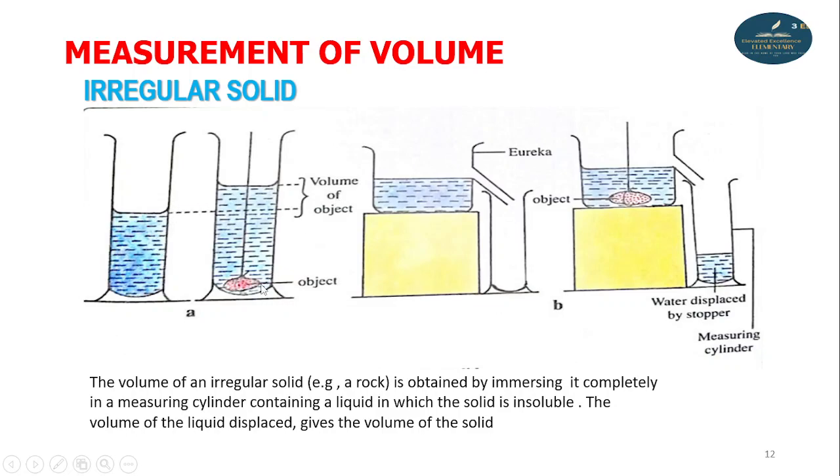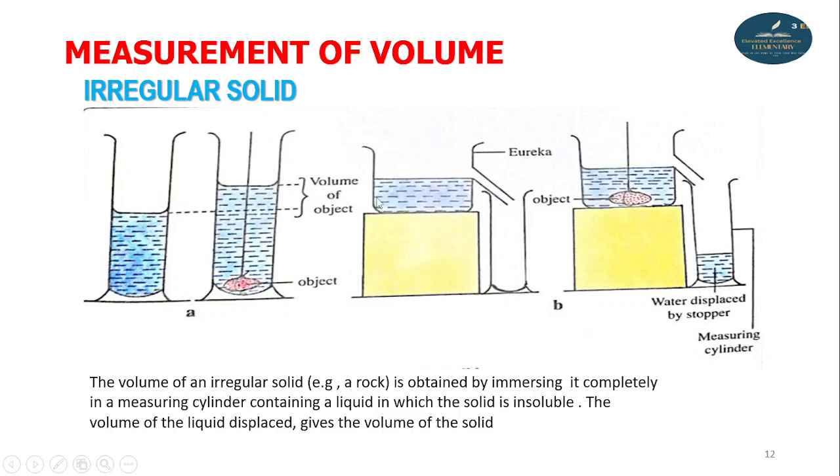Then 10 is going to be the volume of the solid. So the volume of the liquid displaced gives the volume of the solid. Also you should know it must not be a solid that will dissolve in the liquid, it must be an insoluble solid.